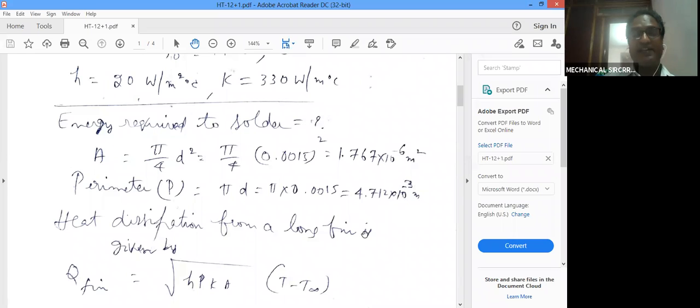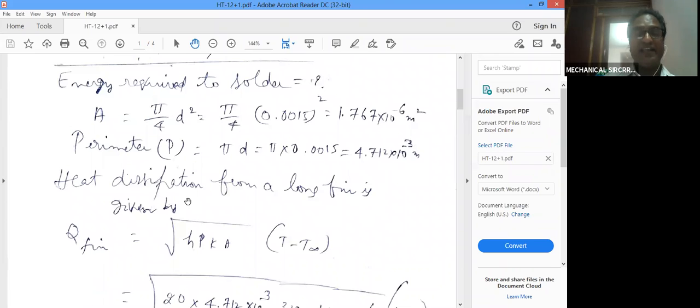Next, heat dissipation from a long fin is given by the equation we derived yesterday: Q fin is equal to root of h P k A into T minus T free stream.